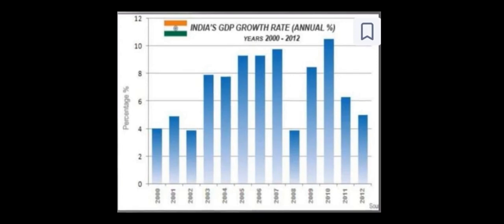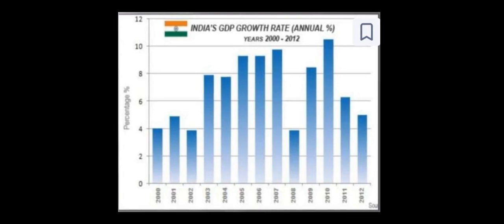In 2008, our GDP growth fell to 3.8%, and again in 2009 it reached 8.3 or 4%, but the highest GDP level we achieved was in 2010, up to 10.5%, and again in 2011 and 2012 we see the GDP growth rate slightly decreasing.